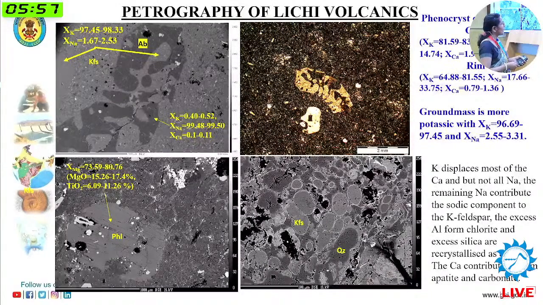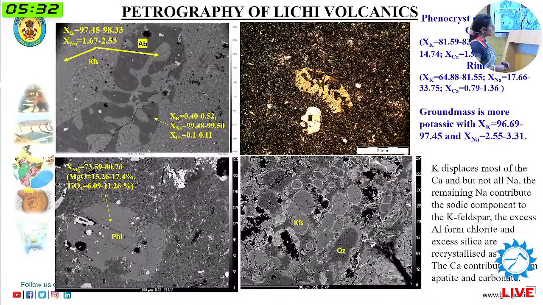And this is the thin section photograph of this one, and this feldspar has 81 to 83 in the core part and 64 to 81 in the rim part, the potassic one. And the groundmass is 96 to 97%. So the groundmass is more potassic than the phenocryst.